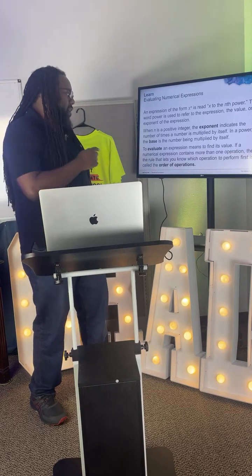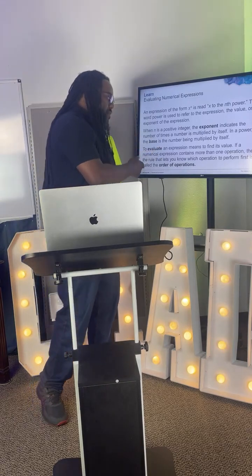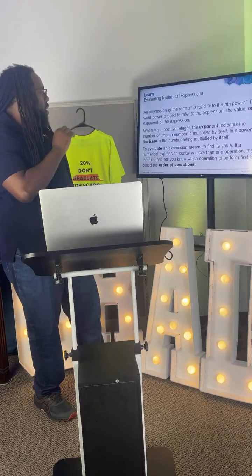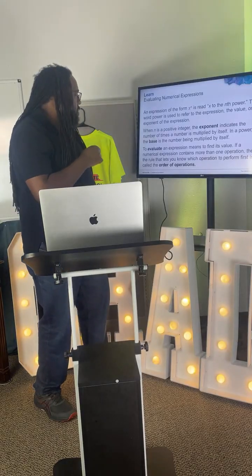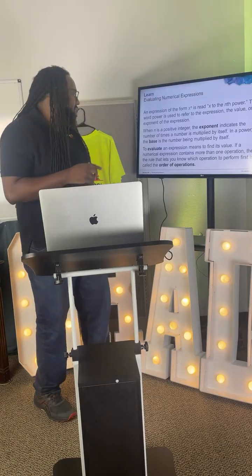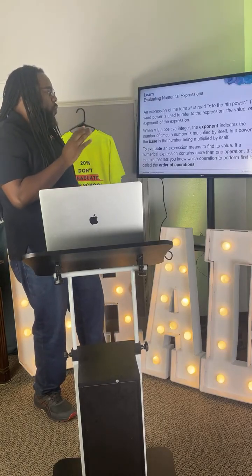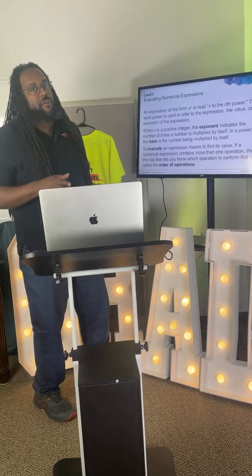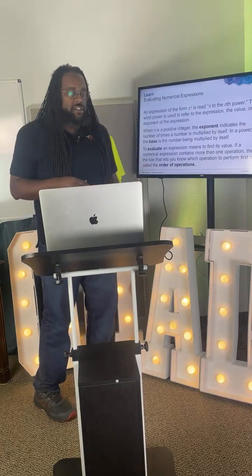To evaluate an expression means to find its value. If a numerical expression contains more than one operation, then the rule that lets you know which to perform first is the order of operations.